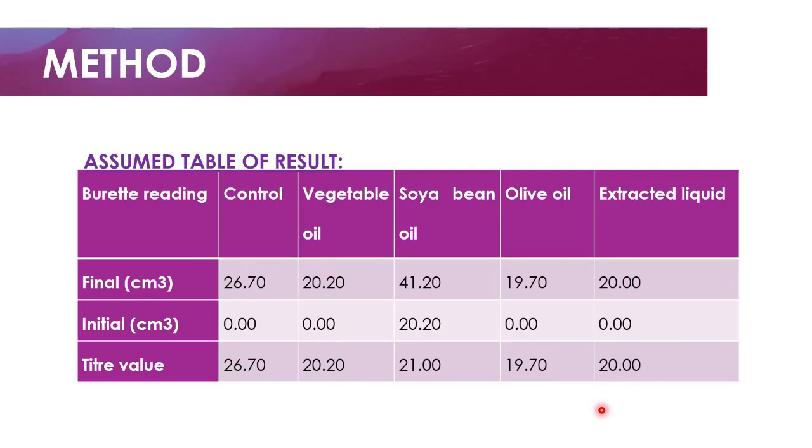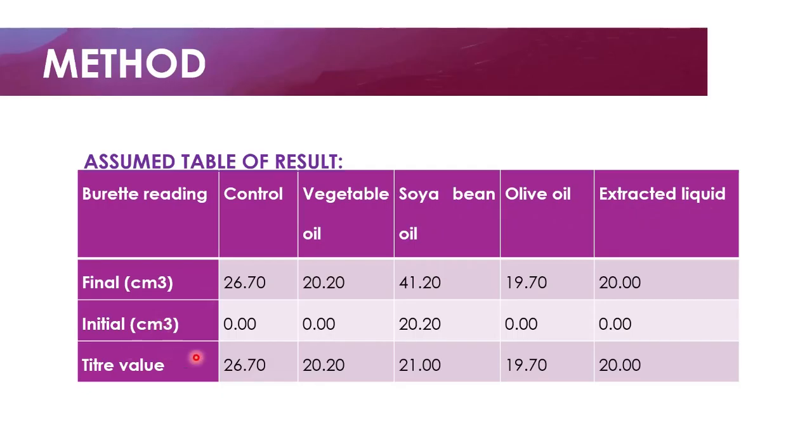So this is an assumed table for our result. This is the burette reading, and this is our control reading. This is our lipids here. The first is the vegetable oil. We also have the soya beans oil, the olive oil, and the extracted lipids.